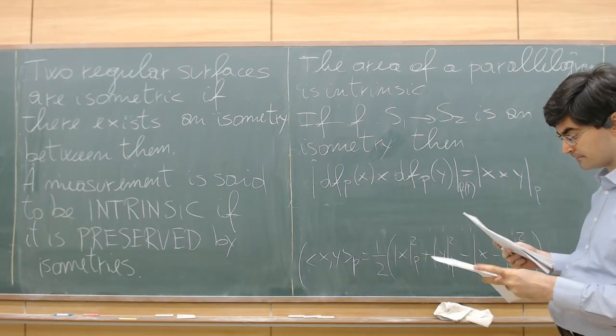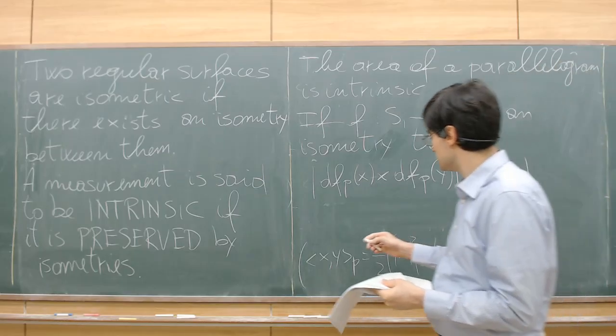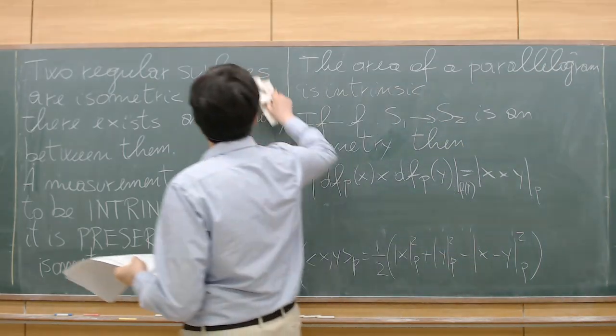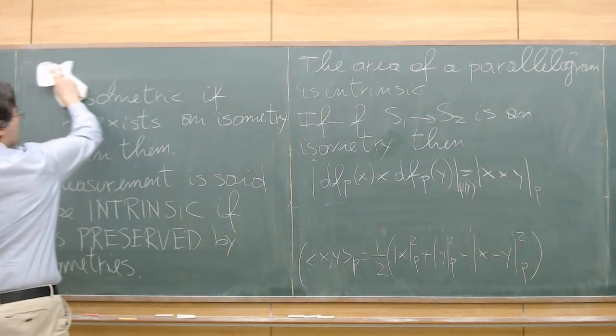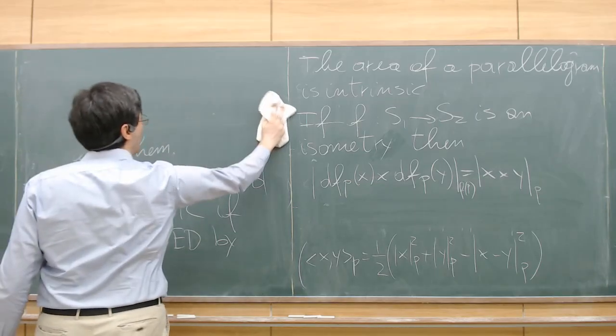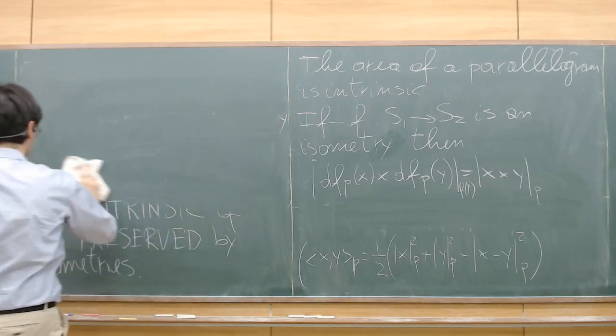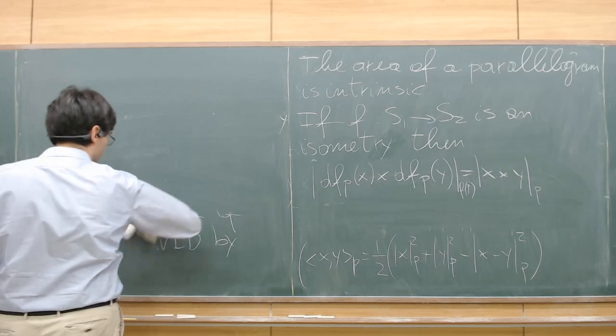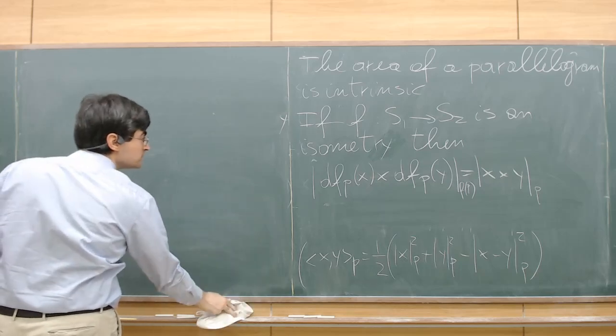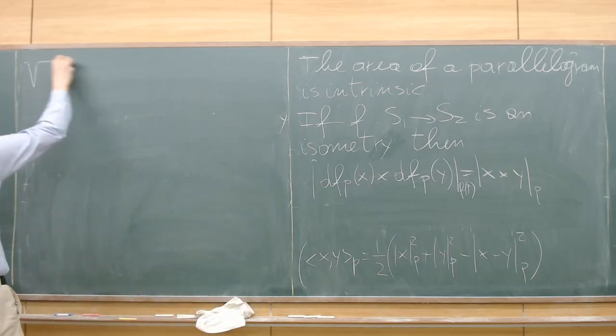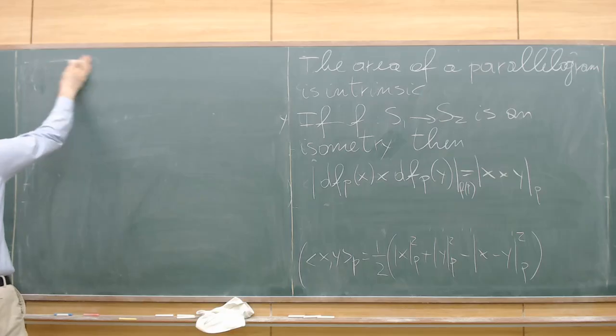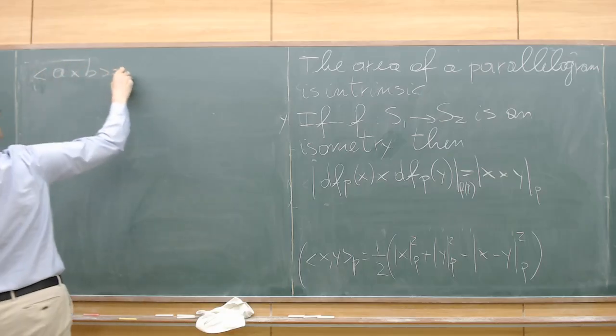I mean this one: square root of the square norm of a times the square norm of b minus the square of their inner product.